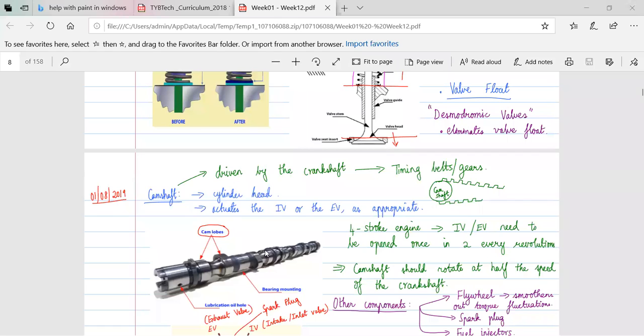Mark your attendance in the chat box. Mechanical, all divisions are here, no? A, B, C, D. Hello? Yes, sir. Okay, okay. From computer, any students from computer? One student is there, registered. Hello?